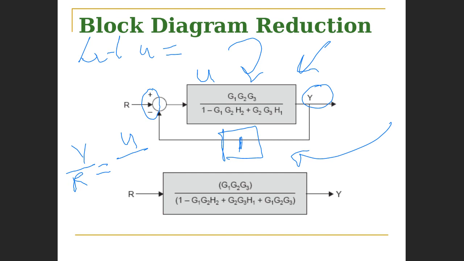It was 1 plus U G, because H is 1. H is 1, as what I call H is 1. That is it.